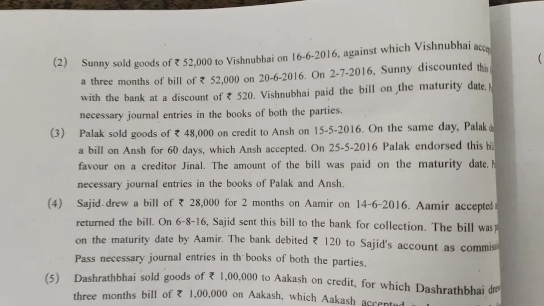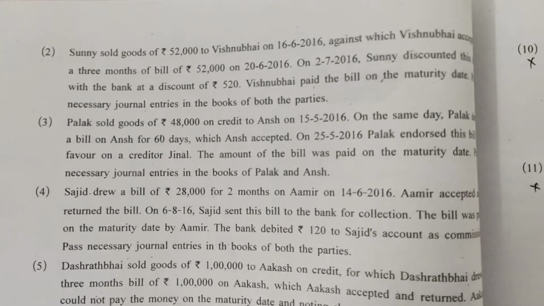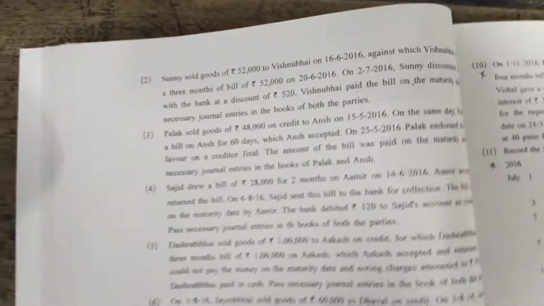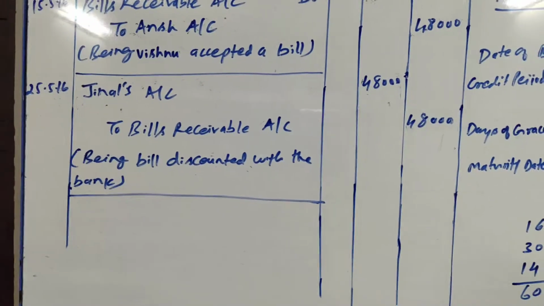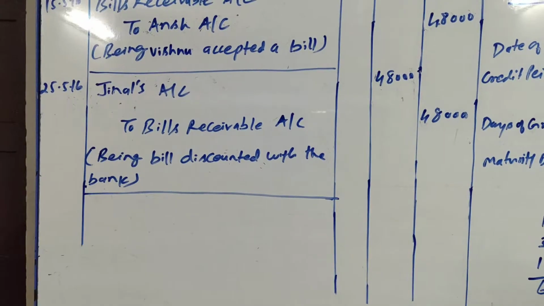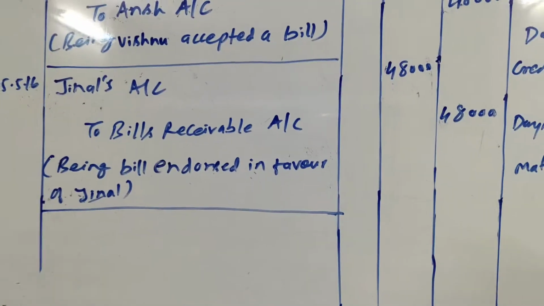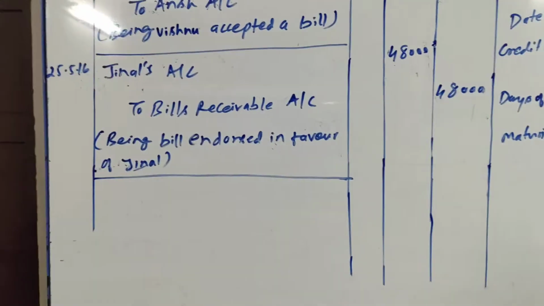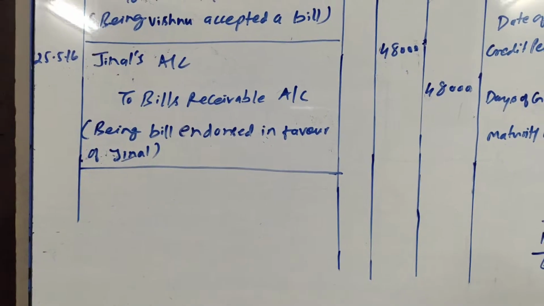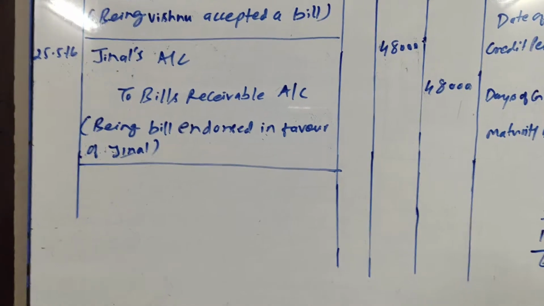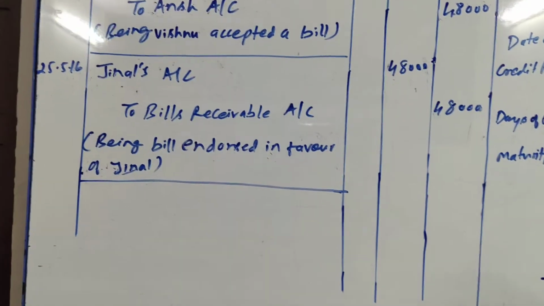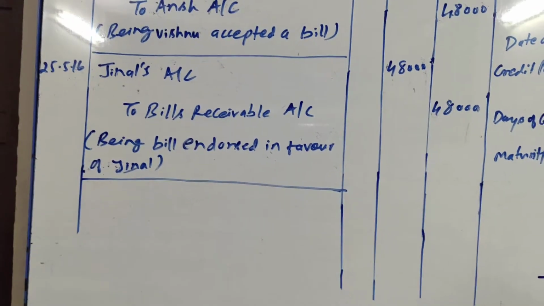Here the endorsee is Zinal, so Zinal's account debit to bills receivable account 48,000, being bill endorsed in favor of Zinal. Now for this transaction no entry will be there in the books of Ansh, because this is the transaction between Palak and Zinal, so nothing will be recorded in the books of Ansh.